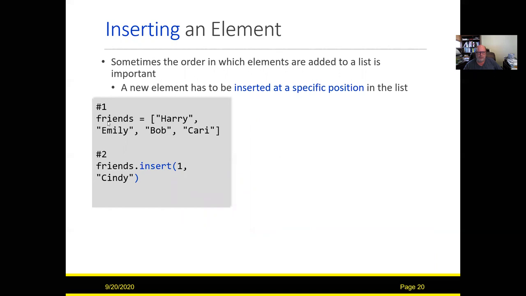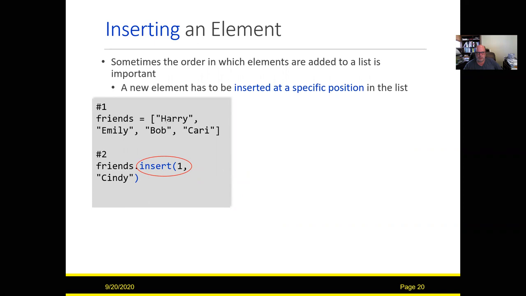We can initialize it at the starting point. So if we initialize it with the strings, I have 1, 2, 3, 4. The length is 4. Now we have something called insert. So for insert, we give an index. It's going to go to this list called friend, and it's going to insert Cindy at index 1.